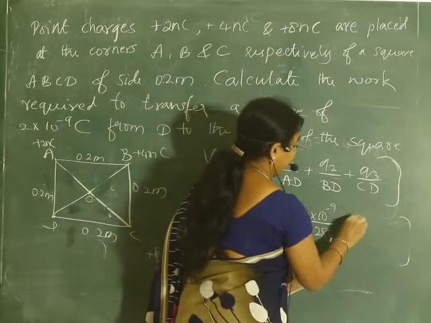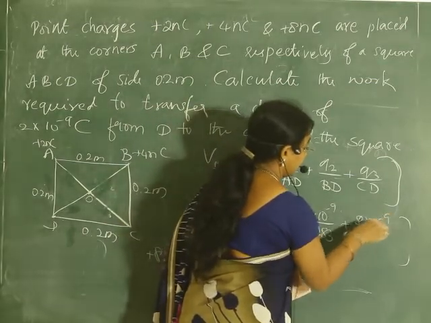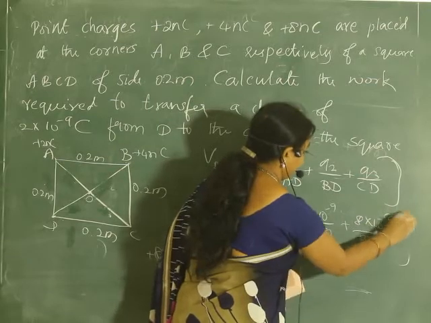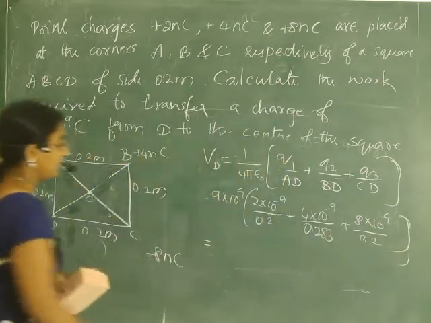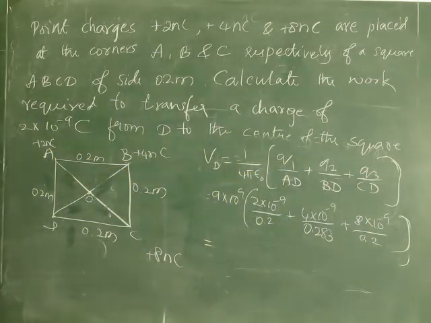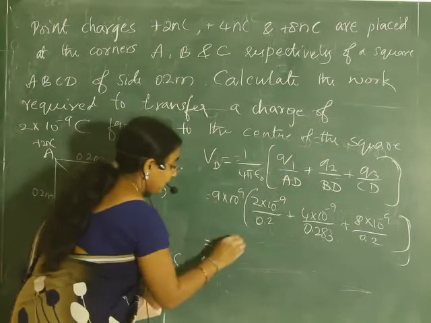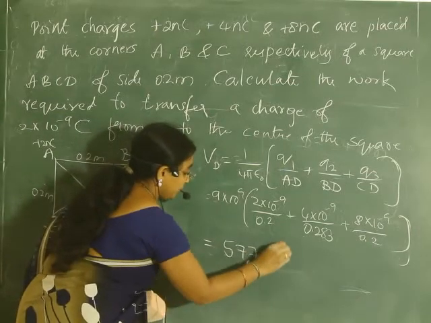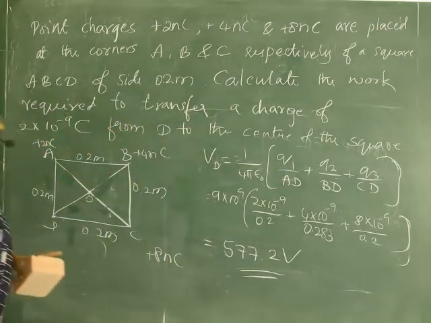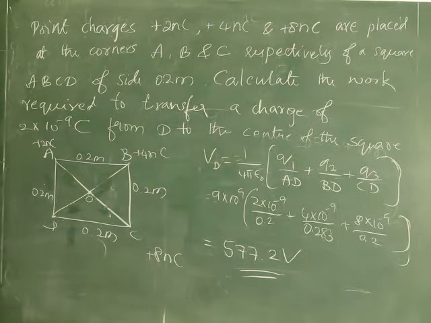Plus 8 into 10 to the power minus 9 by 0.2. Now calculate what is the value of VD. 577.2 volt we got. What did you get? Try.